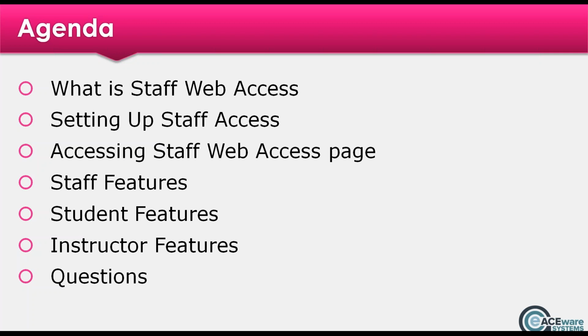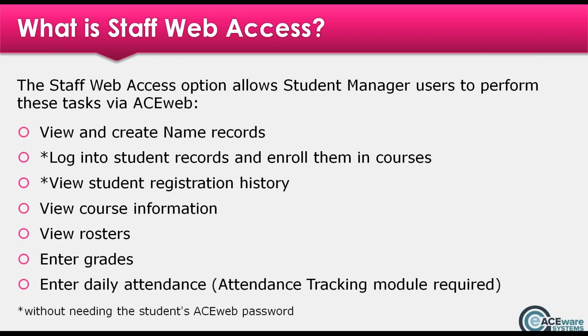So without further ado, what is staff web access? What this feature or module is going to do is give your staff access to a number of things through a web browser, through your ACEweb website, that you would normally have to have Student Manager access to do. So you're going to be able to view and create name records. You're going to be able to log into a student record as if you were that student.